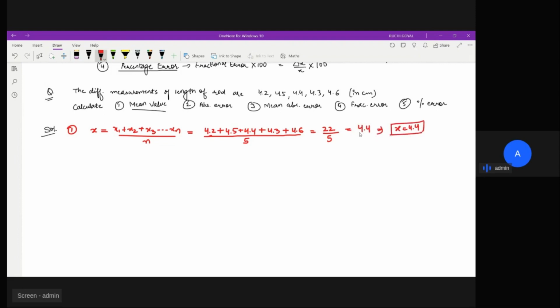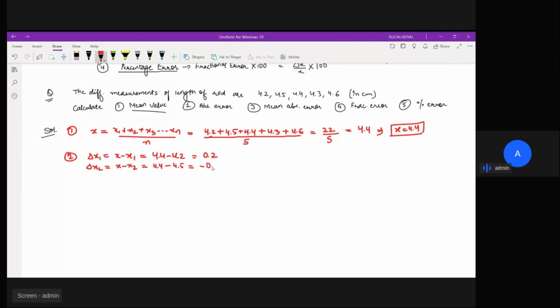Now we have to calculate the absolute error. Absolute error is delta x1, which is x minus x1. So x is 4.4 and x1 is 4.2. So 4.4 minus 4.2 is 0.2. Delta x2 is x minus x2: 4.4 minus 4.5 is minus 0.1.